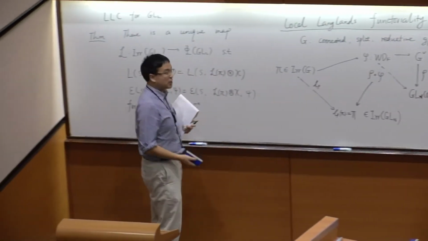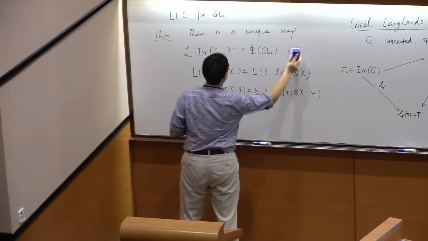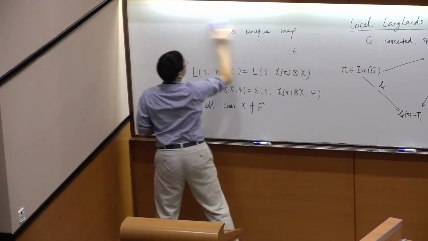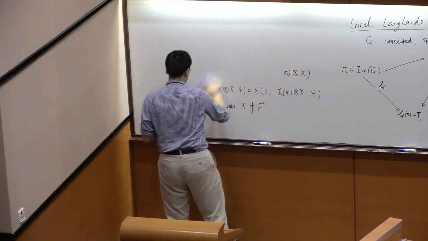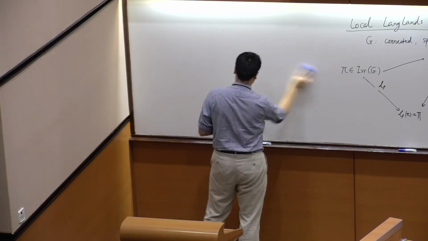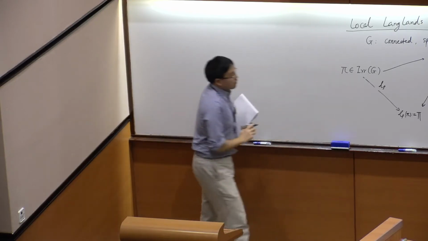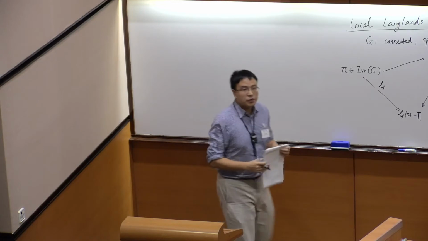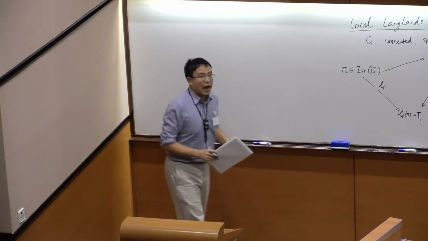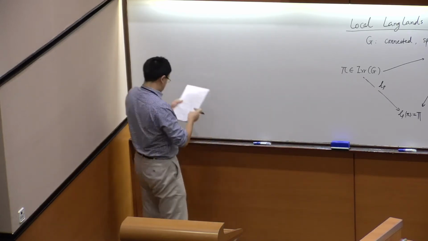This is the notation we have for the algebraic group. To review, let's start from the Hecke algebra first.